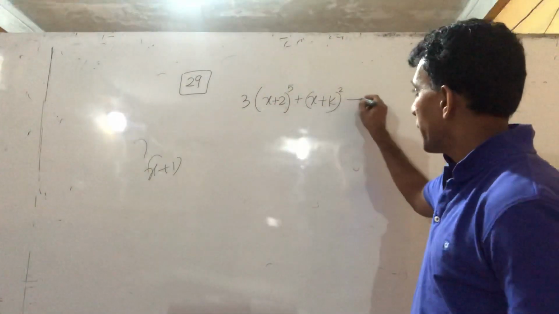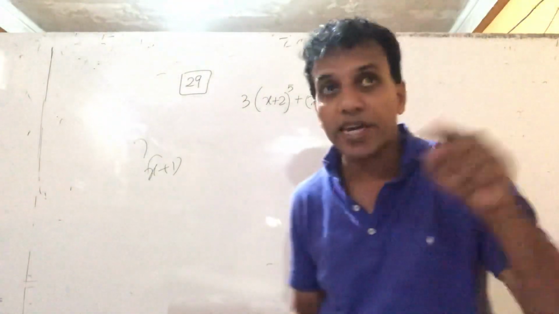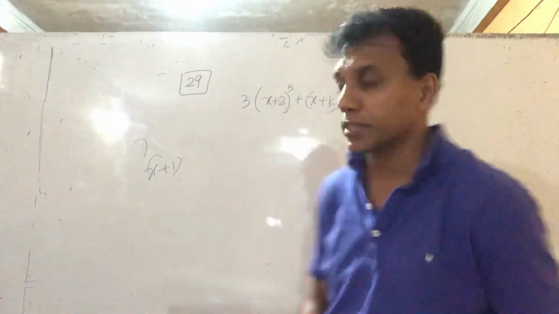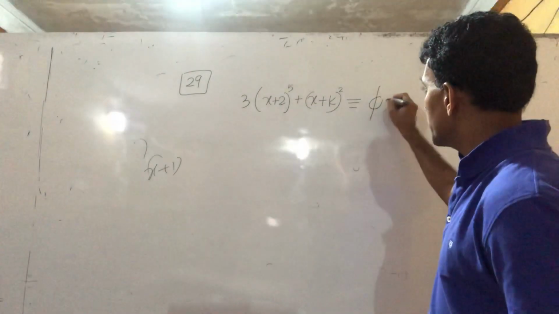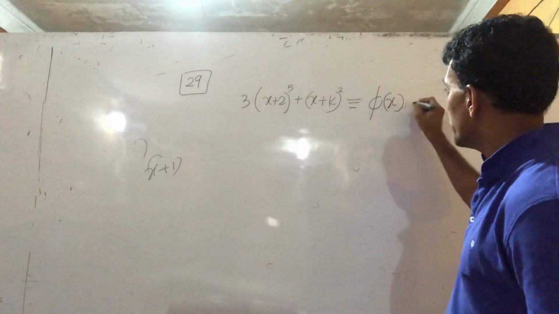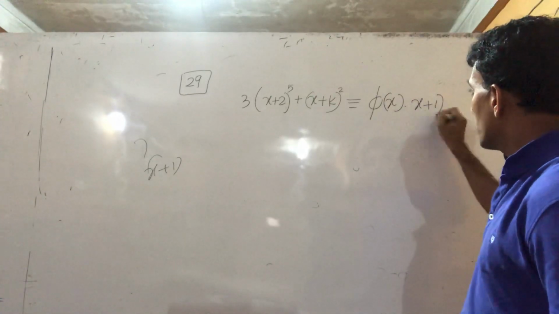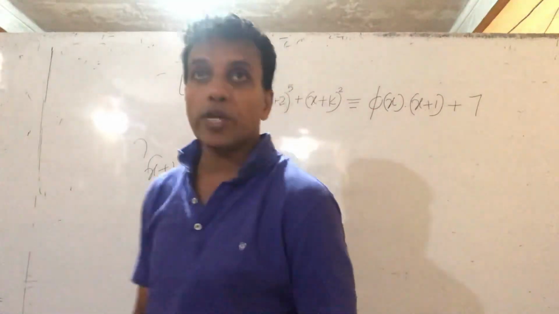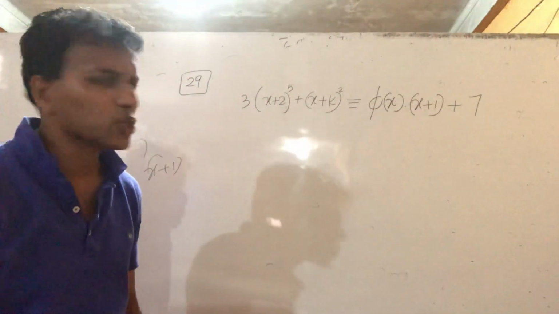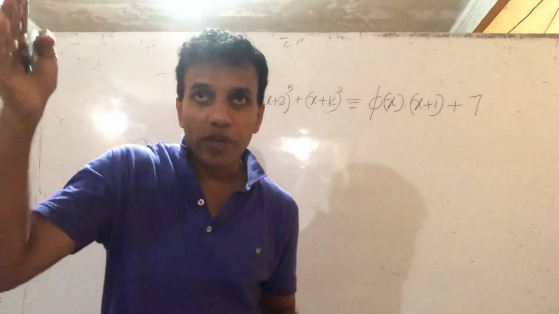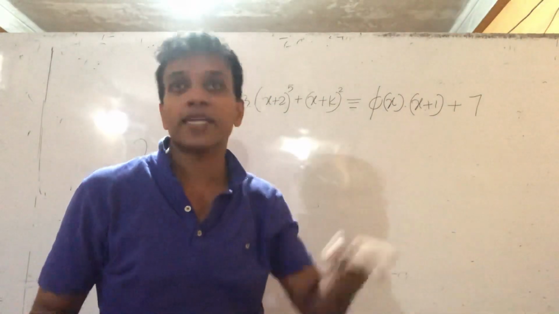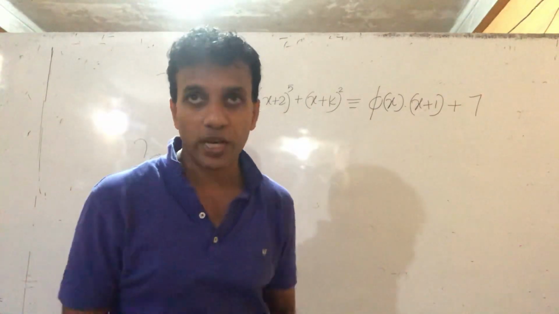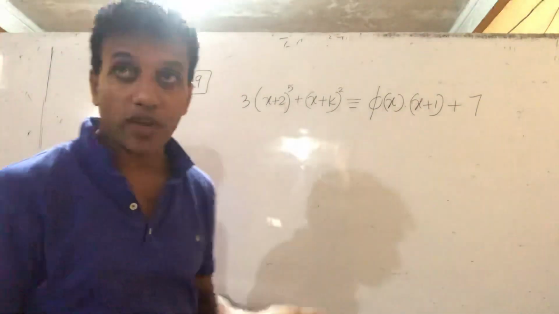If I write this pattern, the quotient is Q of x, so quotient into divisor plus the remainder 7. Those who followed all four of my videos on the polynomial lesson now have good knowledge, without going to tuition classes, through my YouTube channel.